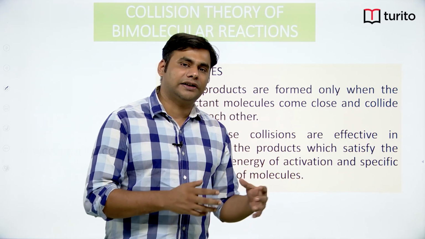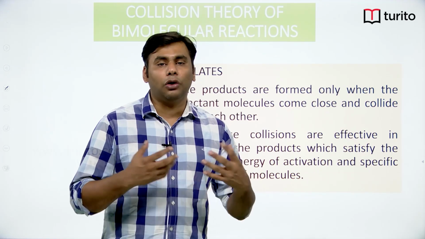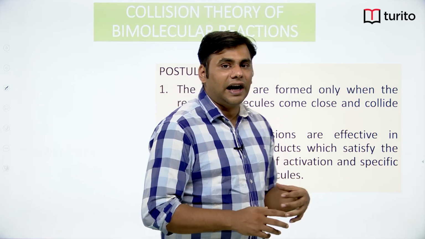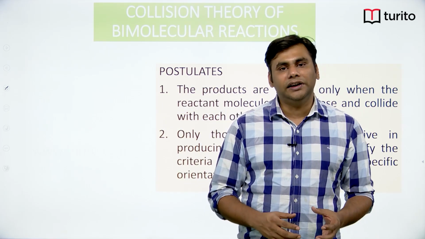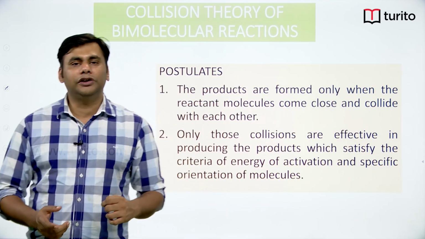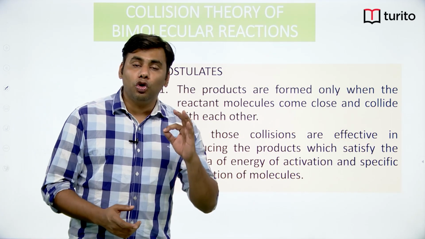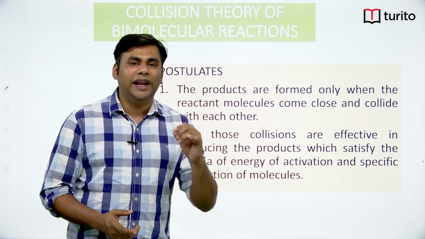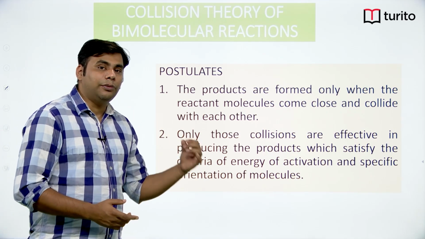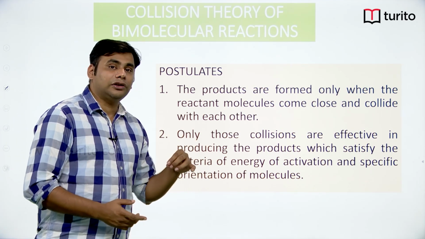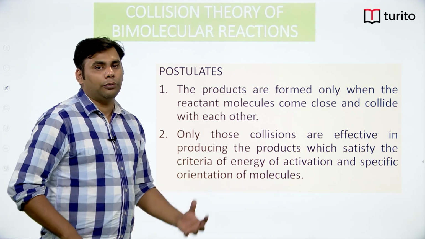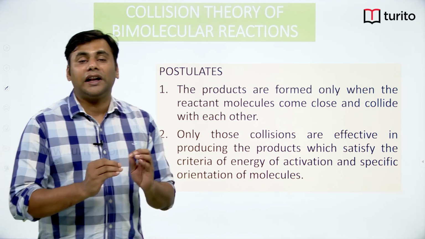Most reactions take time, and some take a lot of time to produce the product. So when the molecules collide with each other, not all collisions result in the formation of product. Only those collisions which bring about the transformation of reactants into products are called effective collisions.